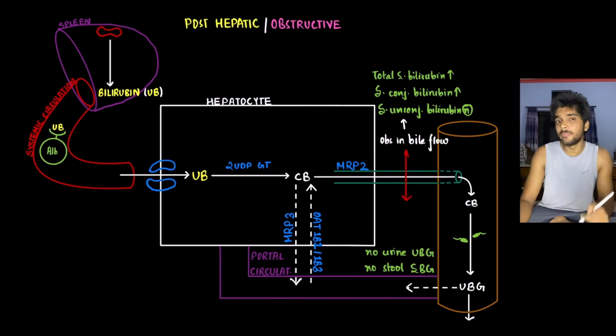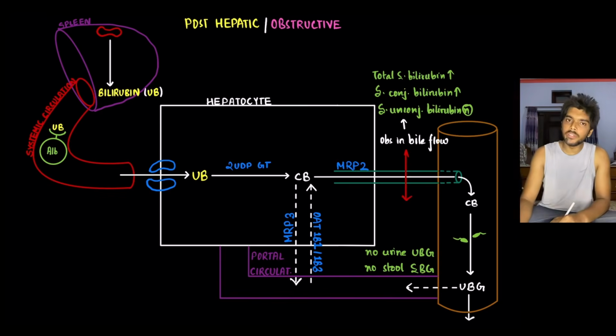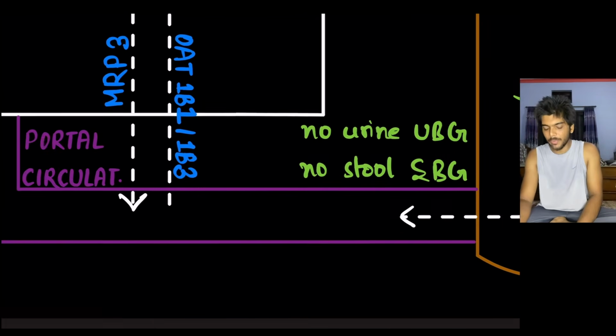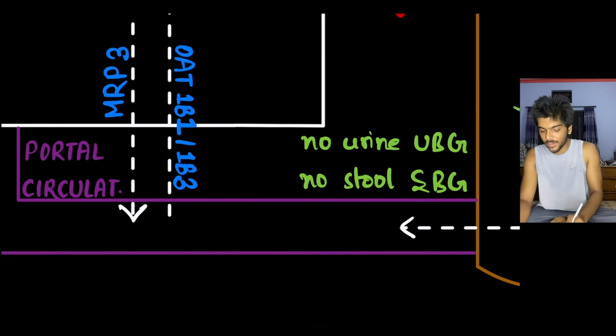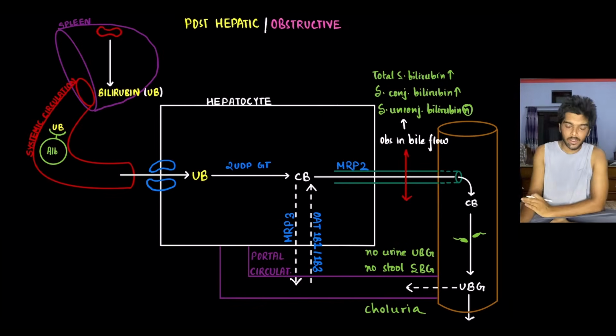There is a rise in which bilirubin? Rise in conjugated bilirubin. Can conjugated bilirubin get filtered? Yes, it is water soluble. It is excretable. It can get filtered into the nephron. So it is present in the urine, and the presence of bilirubin, or conjugated bilirubin to be more specific, in urine is referred to as choluria, which gives urine its cola color.